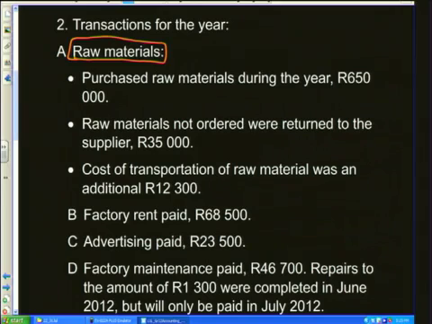And it says that we purchased some raw materials during the year, and we purchased them at a price of 650,000 Rand. So if we purchased raw materials, they have to be added to our stock of raw materials. It's obvious, it's logical.